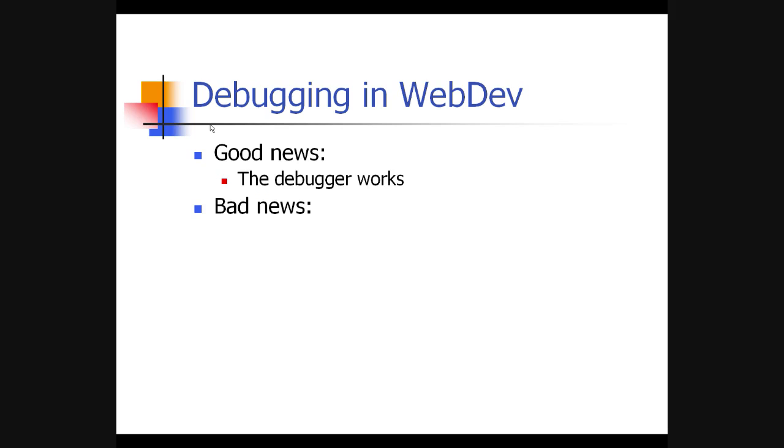Now, on the bad news side, it works only in local test mode, which means that when you're doing a Go on your own machine, you will be able to debug. You will not be able to debug when your web application is deployed either on your test website or your real web server.